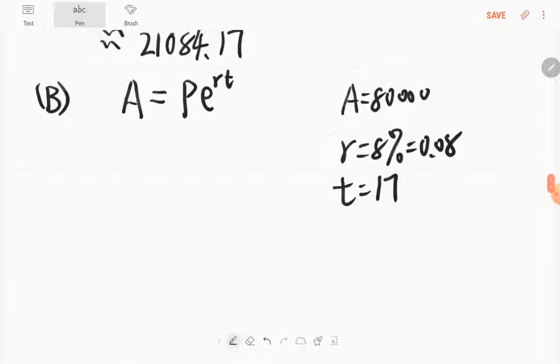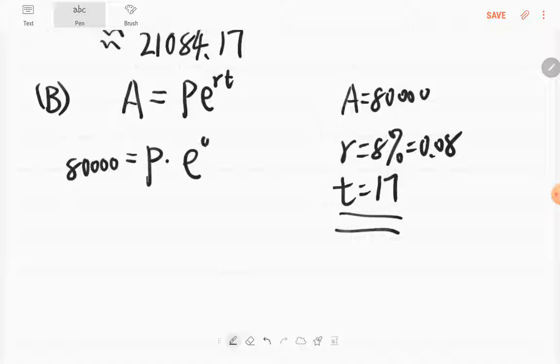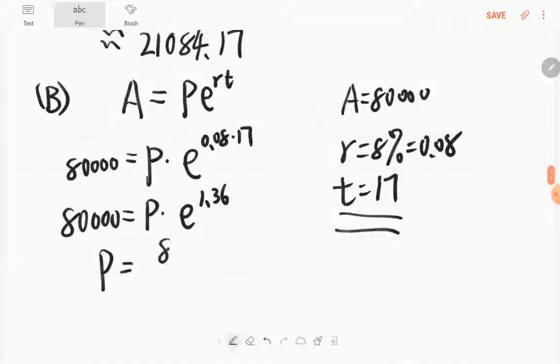T must be in years. So you will have 80,000 equals P times e to the 0.08 times 17. We take the product, and this would be 1.36. So P is equal to 80,000 divided by e to the 1.36.